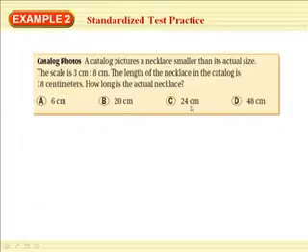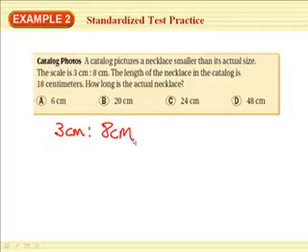A catalog pictures a necklace smaller than its actual size. The scale is 3 centimeters to 8 centimeters. The length of the necklace in the catalog is 18 centimeters. How long is the actual necklace?